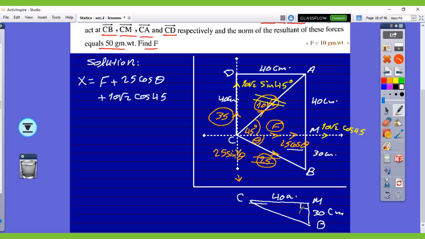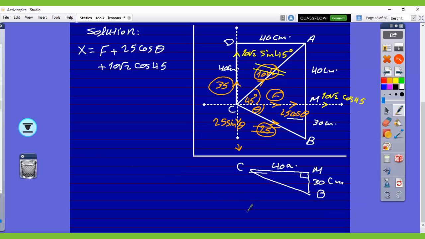Using Pythagoras theorem, CB equals square root of 30 squared plus 40 squared, which equals 50 centimeters, and here we have theta.